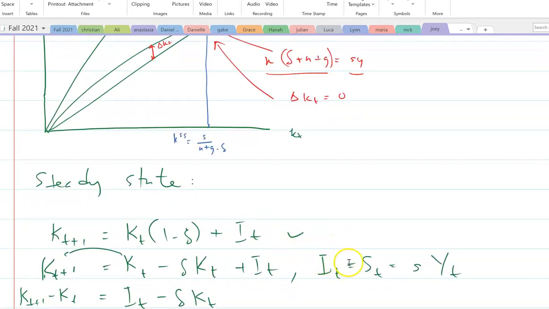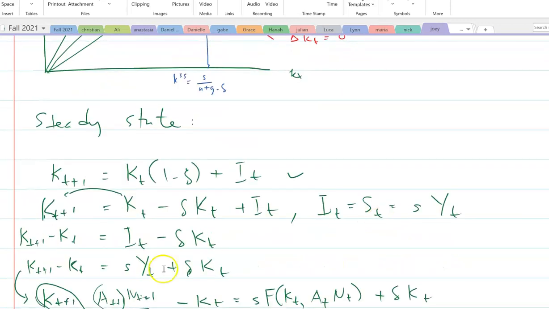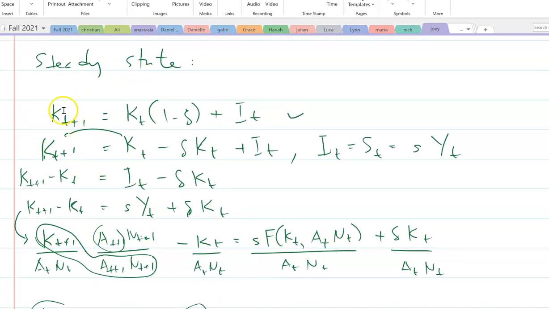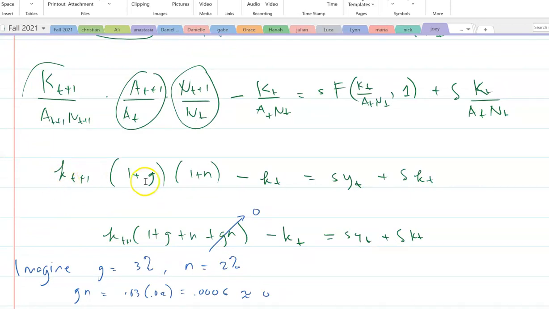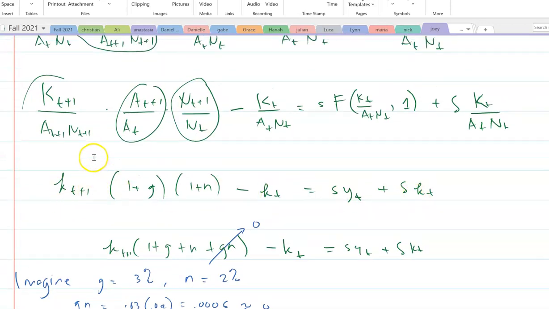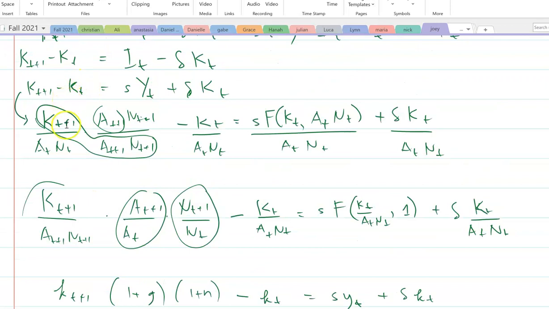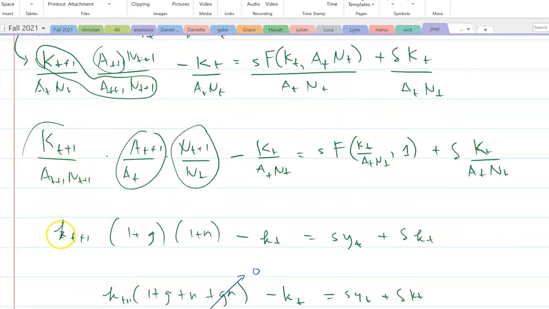So I_t is going to be s Y_t. These are all in big letters, so the level of capital, level of investment, level of saving, and we want them expressed in small letters, where small letters are per capita units. You just apply some little trick here, and then it becomes this.